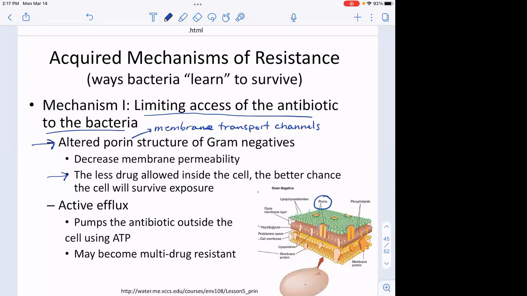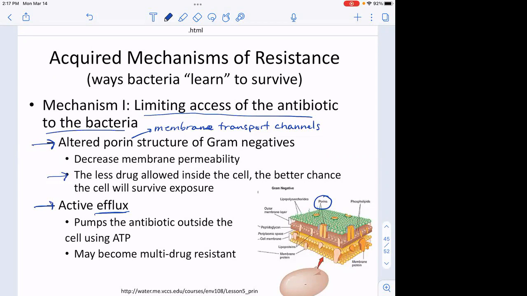Along the same lines, sometimes the antibiotic will be allowed to enter the bacterial cell, but then the cell will acquire the ability to pump it right back out again. We call that an efflux pump. A lot of cells already have the ability to do this when they're in the presence of some kind of toxin, for example.